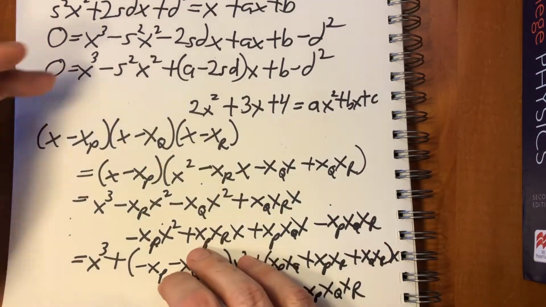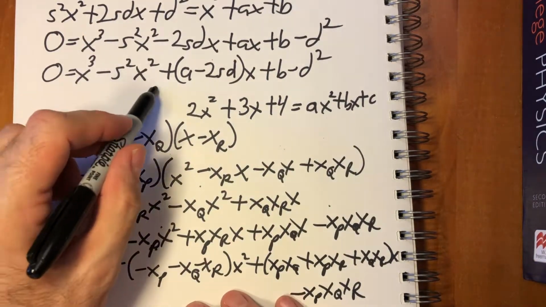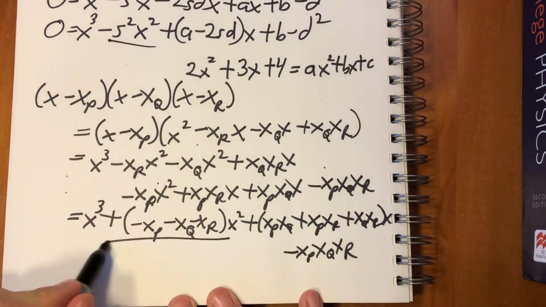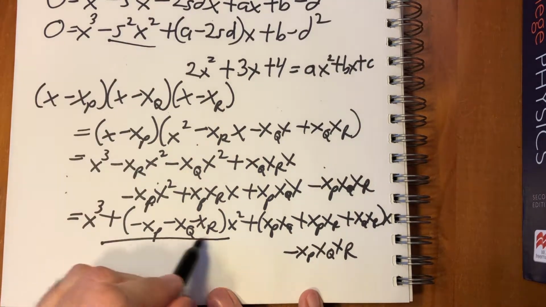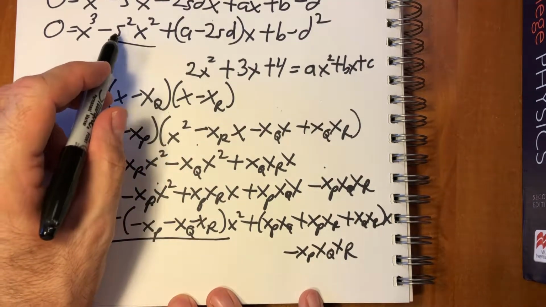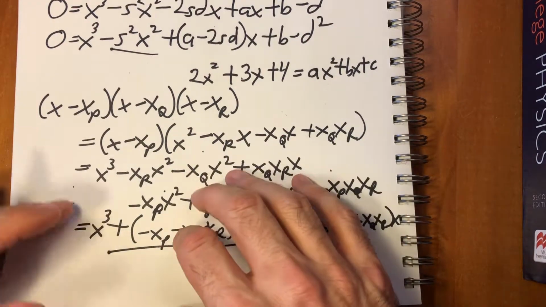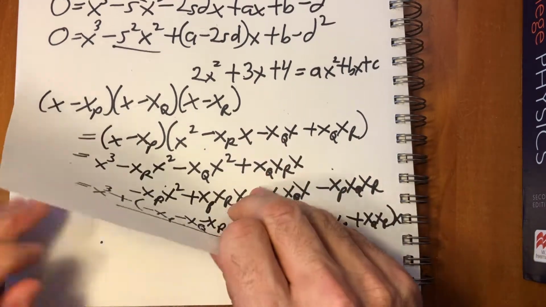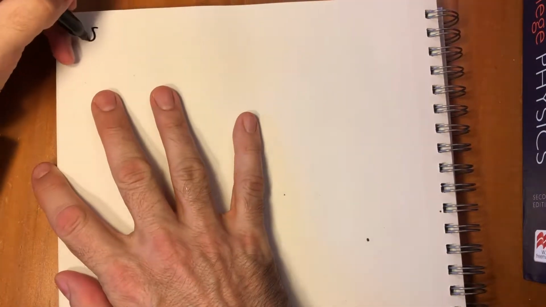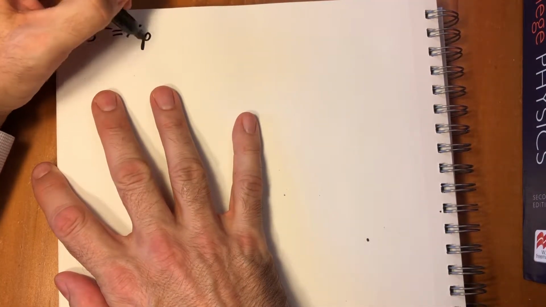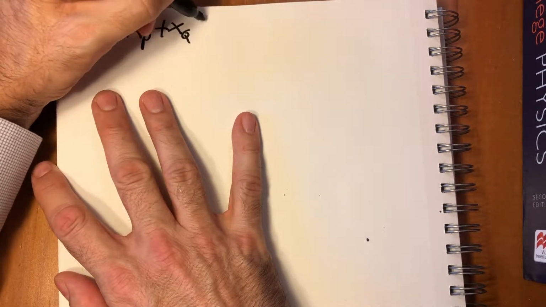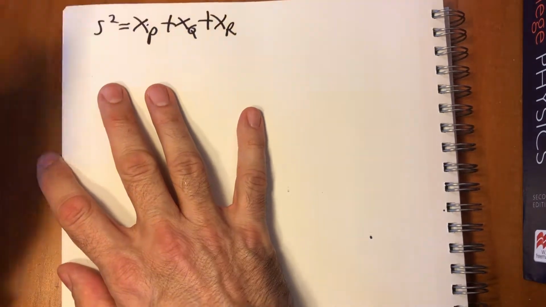So in order to do that, we can just look at minus x squared and set minus s squared equal to this, or s squared equals all of those plus. So let's do that. So what we want is s squared equals xp plus xq plus xr.